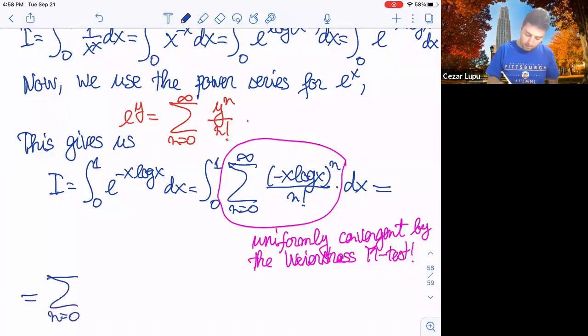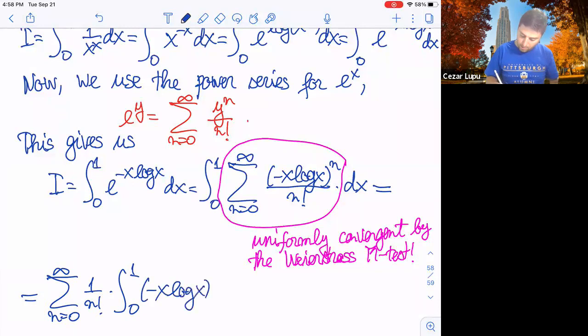So this would give us this. And there we go. We need to take care of this integral right here, the integral from 0 to 1 of negative x log x to the power n. So what should we do?